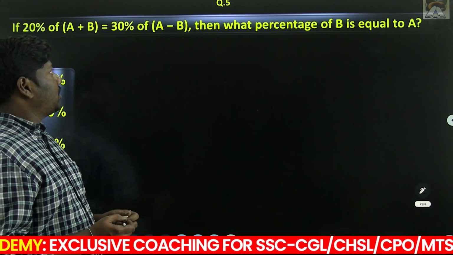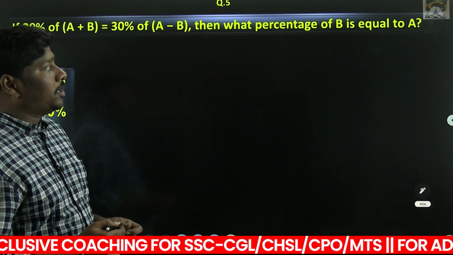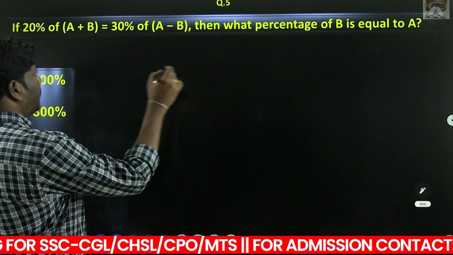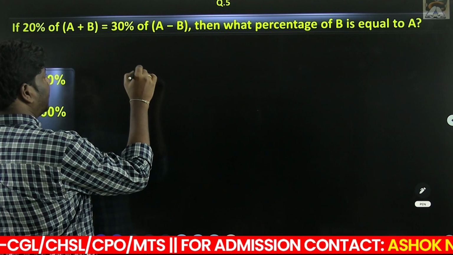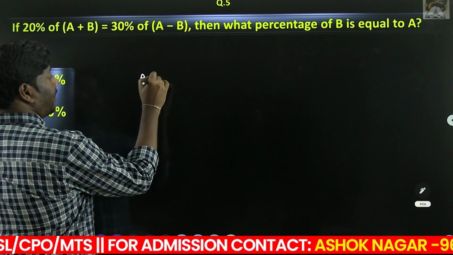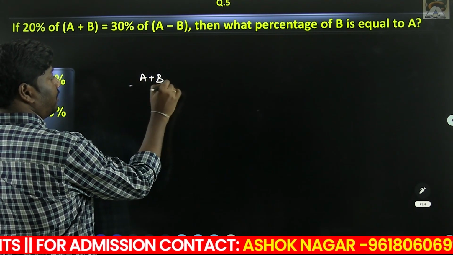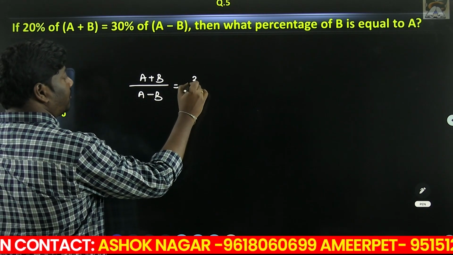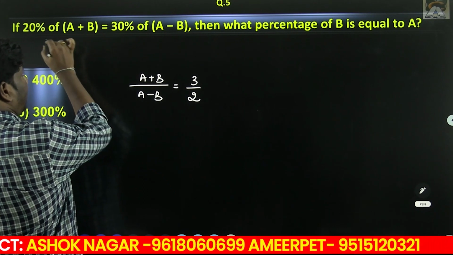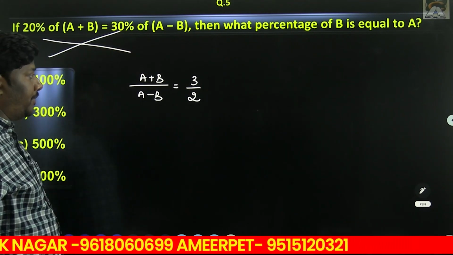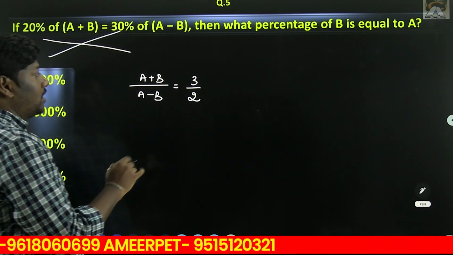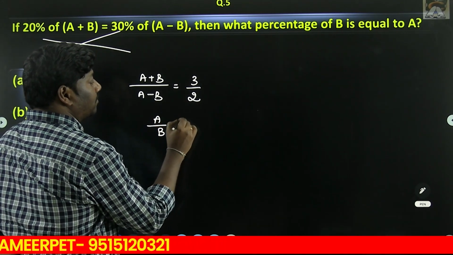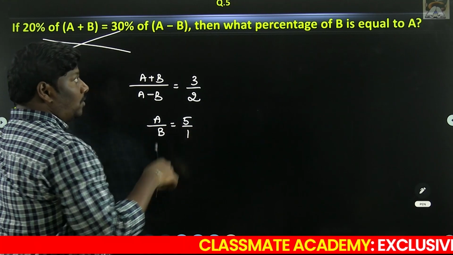20% of A plus B is equal to 30% of A minus B. Then what percentage of B is equal to A? If you say 20% of A plus B, you can take it as (A plus B) by (A minus B) is equal to 3 by 2, because you get 20 here and 30 here. Therefore, do componendo and dividendo. A by B, you will get 5 by 1. What is he asking?